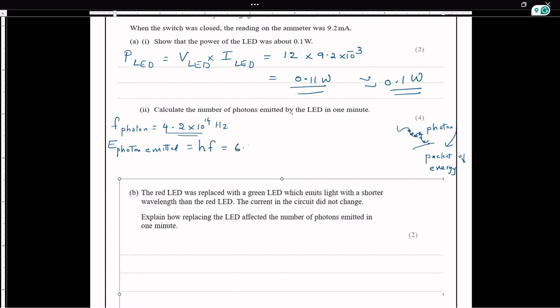Planck's constant is 6.63 times 10 to the power of negative 34 times the frequency we calculated already, 4.8 times 10 to the power of 14. On calculation, it is giving an energy of 3.17 times 10 to the power of minus 19 joules. This is the energy of the photons emitted.